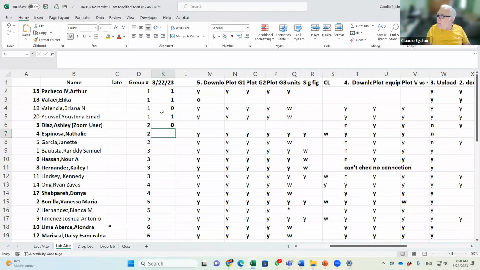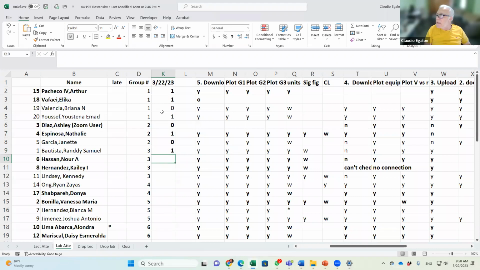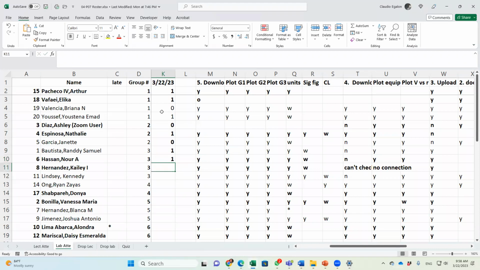Natalie Spinoza. Thank you, Natalie. Jeanette Garcia. I don't see Jeanette here. Randy Bautista. I'm here. Thank you, Randy. Noor is also here, right? Yep, right here. Thank you.